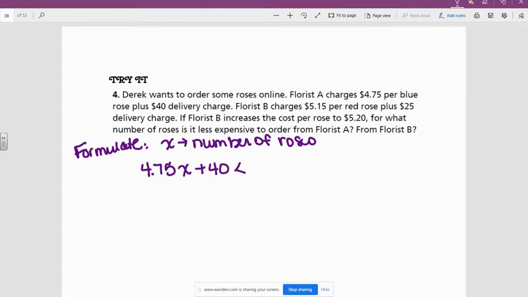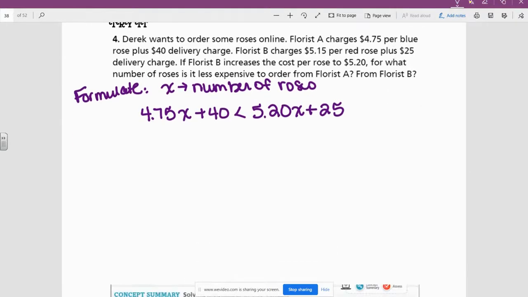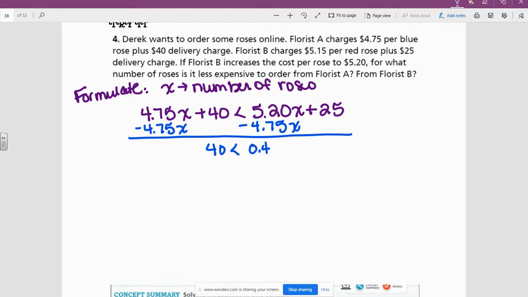Want to know when that's less than, now this time, $5.20 X plus 25. Go ahead and solve. So we're going to subtract the little guy, $4.75 from both sides. We get 40 is less than 45 cents X.